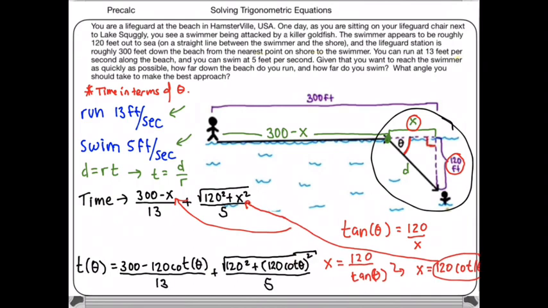From here you can see that we have the 120 cotangent of theta replaced in for x, and before we turn this over to our graphing calculator, I'm going to do a little bit of simplifying, because in upper level classes you'll have to simplify this down as much as you can in order to make it look very, very nice. So let me meet you on a blank page here, and we're going to take a look at simplifying this out before we let our calculator do all the heavy lifting.